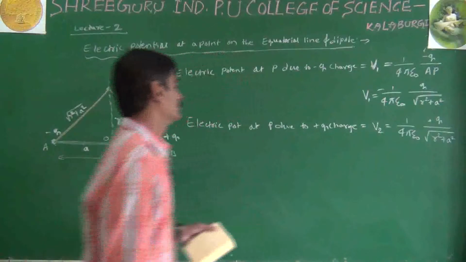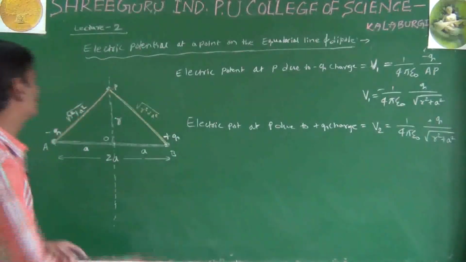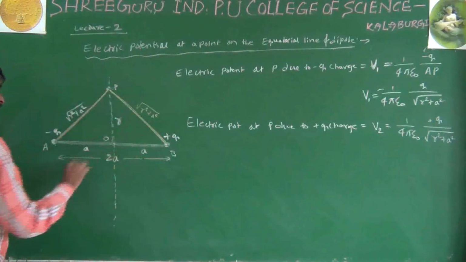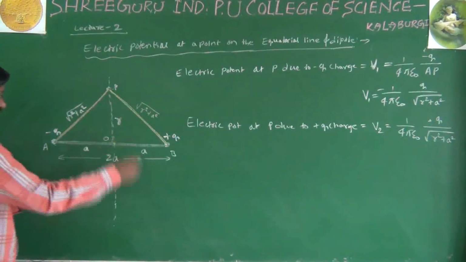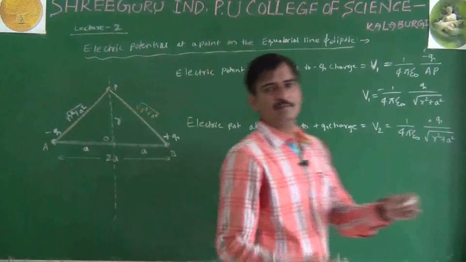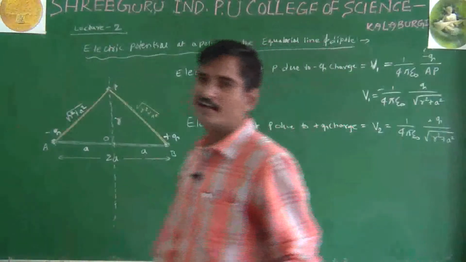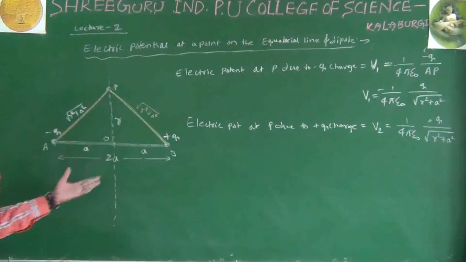Right? So now the electric potential due to both the charges, that is due to the total dipole, is nothing but we just have to add them. Algebraically you can add them because they are scalar quantities.